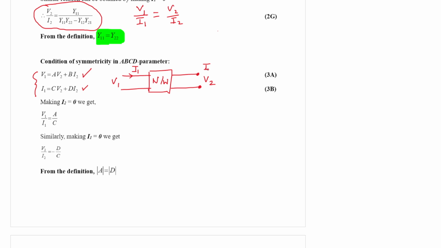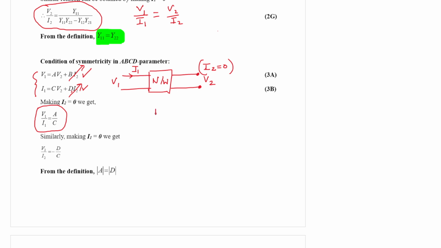Open circuit means I2 becomes 0. So from both equations 3a and 3b, these terms go away, and V1 by I1 immediately comes A by C.